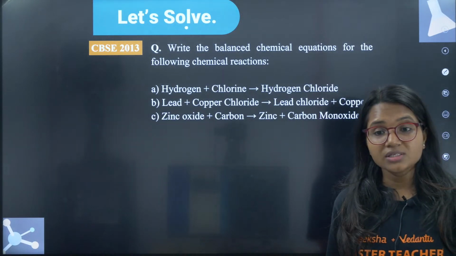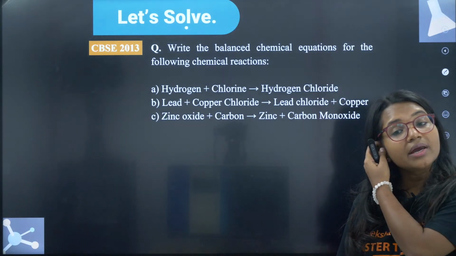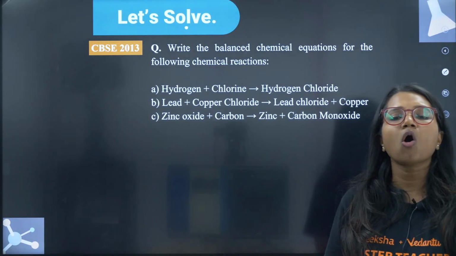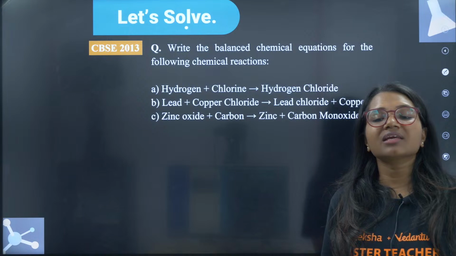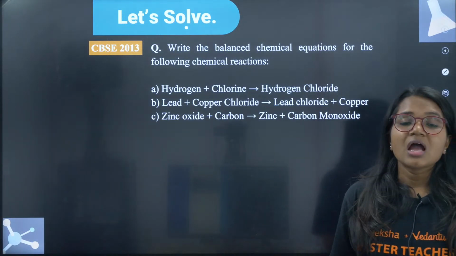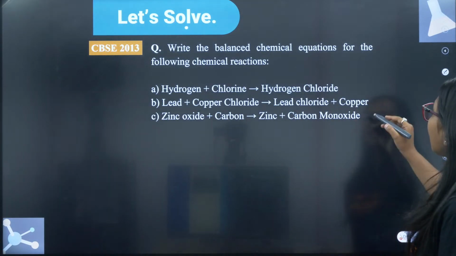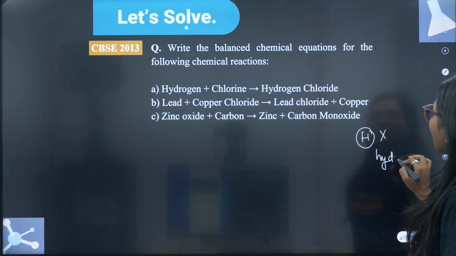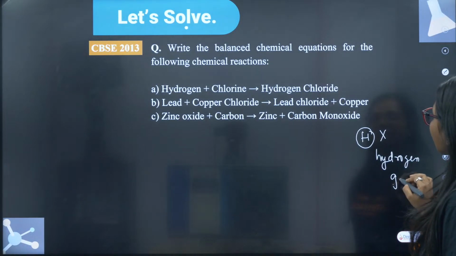Hydrogen means H, this is not going to exist. Always you have to write it in the form of gas. Hydrogen gas means H2. Single hydrogen is not a gas.